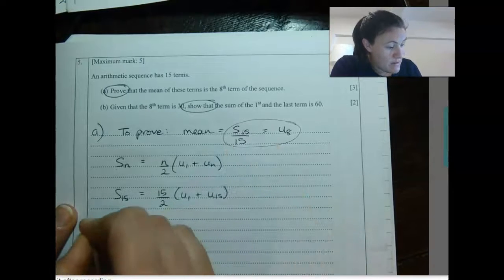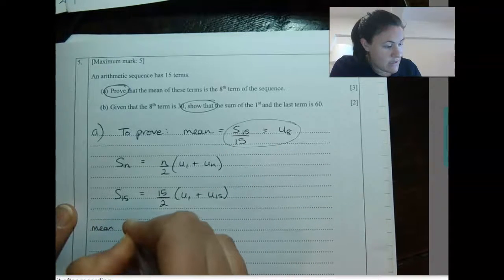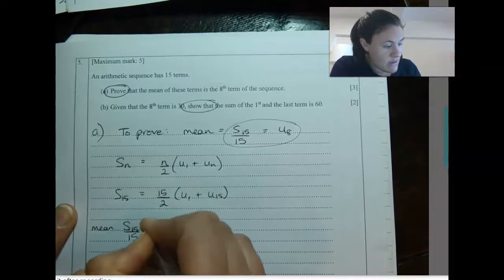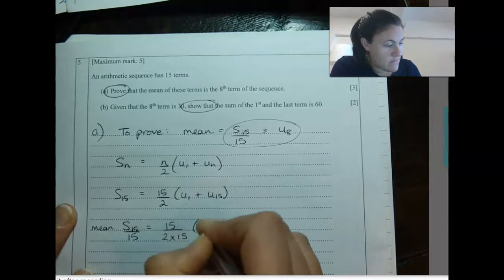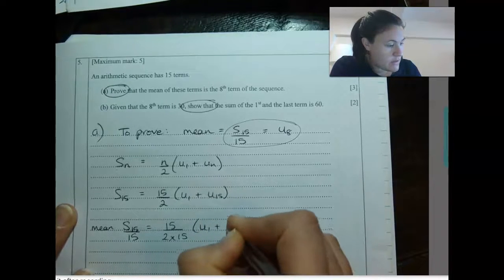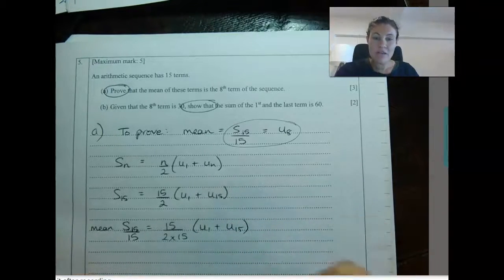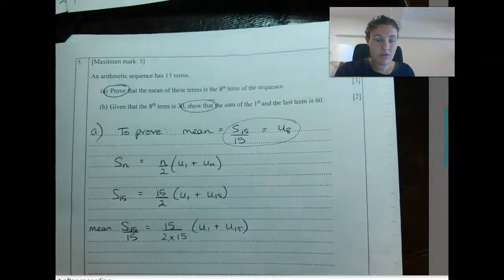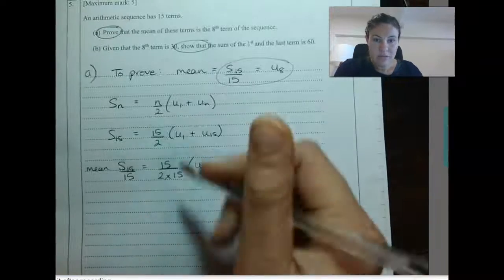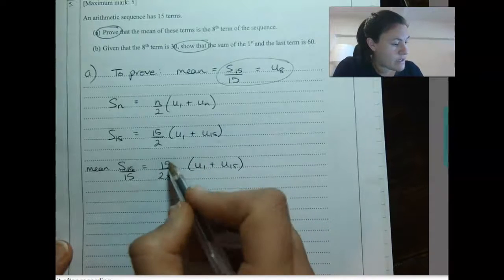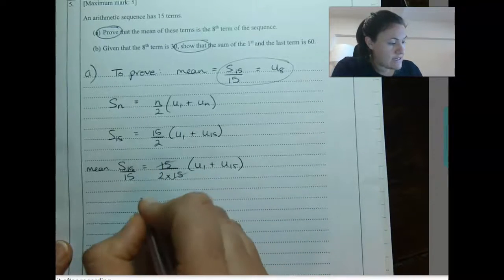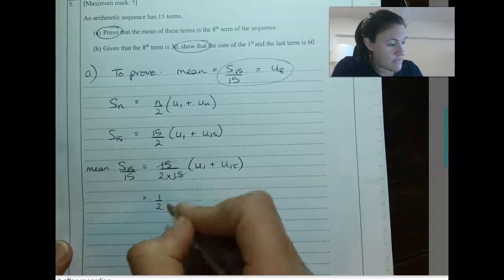So the mean, which is S15 over 15, will be 15 over 2 times 15, times (u1 plus u15). It does feel quite repetitive when you're going through a proof, writing out each line really clearly. That is what's required here. Okay, what can I do now? Let's cancel out those 15s, so I get a half.